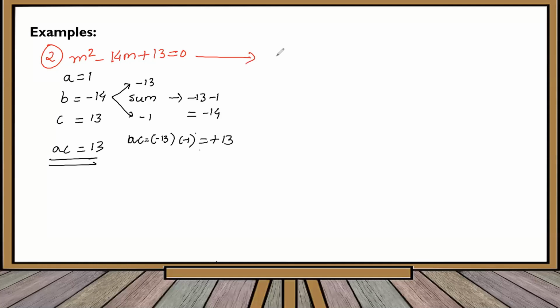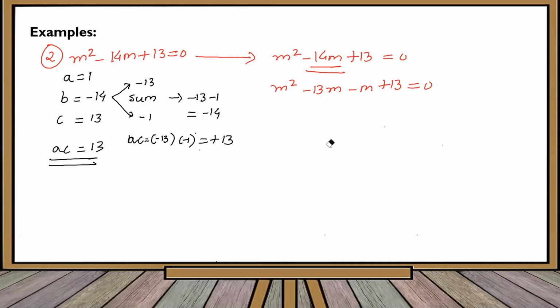So now I can write m square minus 14m plus 13 equal to 0. I'm splitting this middle term. M square minus 13m minus 1m, I can just write it as minus m, plus 13 equal to 0.